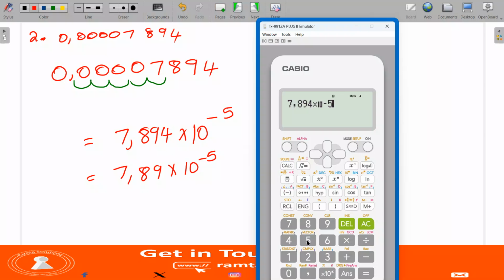Negative 5. All right? And then equal to. What do we get? Are we not getting the very same thing? Look at it. 0, 1, 2, 3, 4. 4 zeros. 7,894. Indeed, it is what we got.